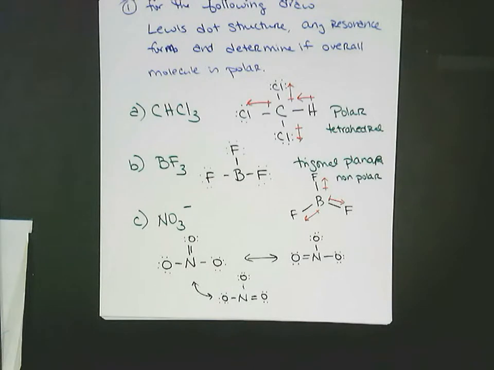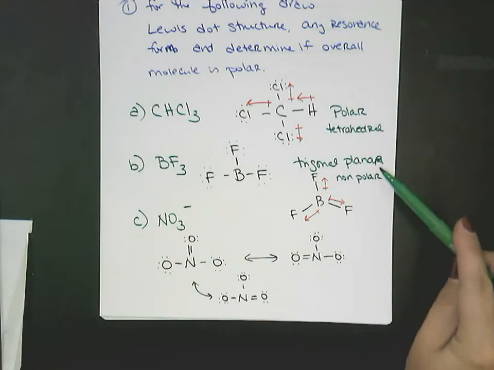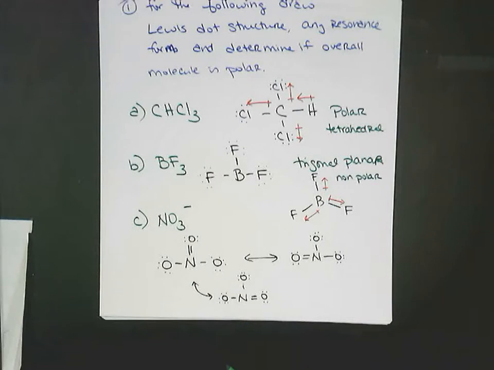So, what molecular shape does this have? Keep thinking. Trigonal planar. It has no lone pairs. A double bond counts the same as a single bond. This is for molecular?